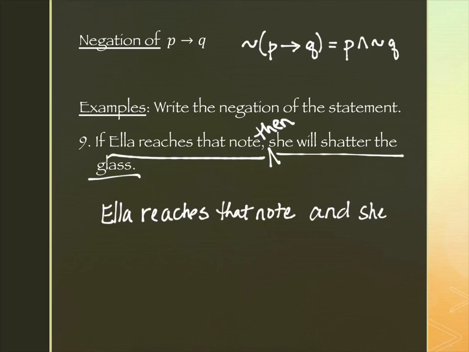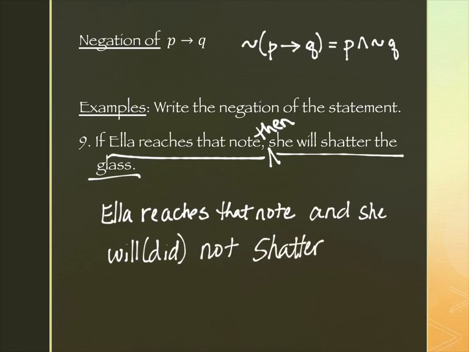So I'll put will or did not shatter the glass. Is that all right? So the negation of an implication is an and statement where we just negate the second piece.